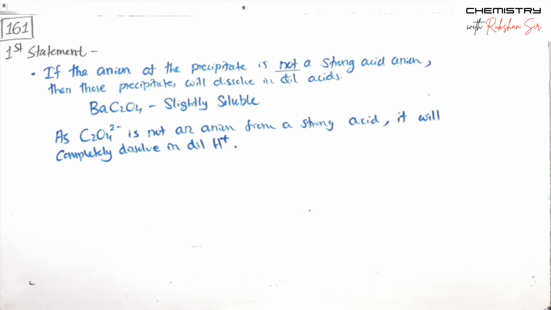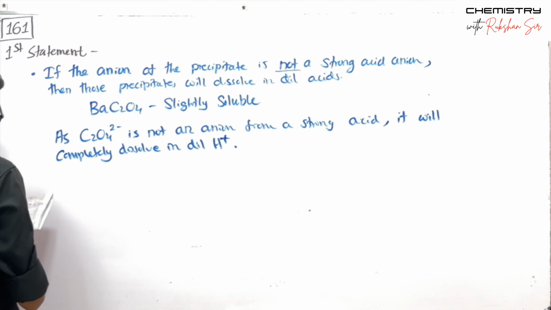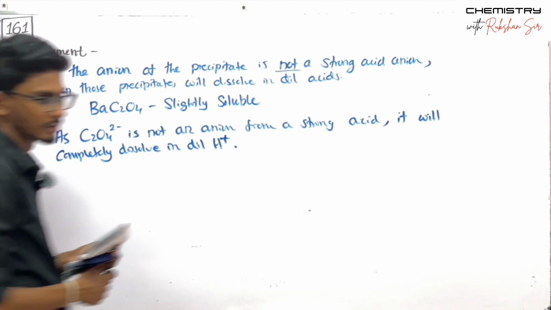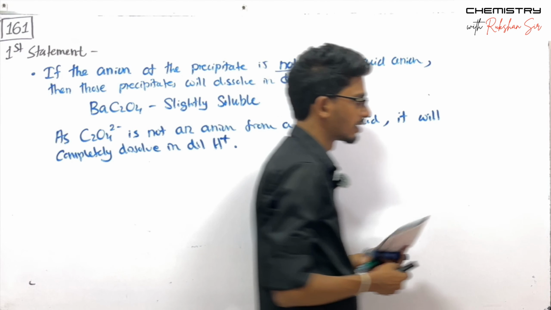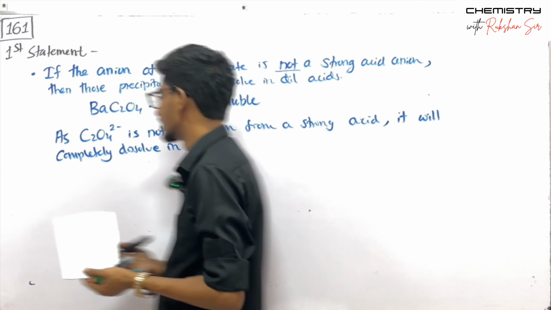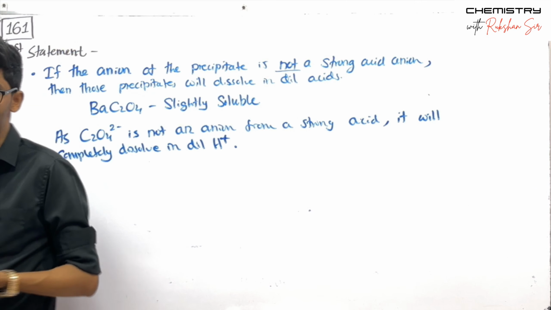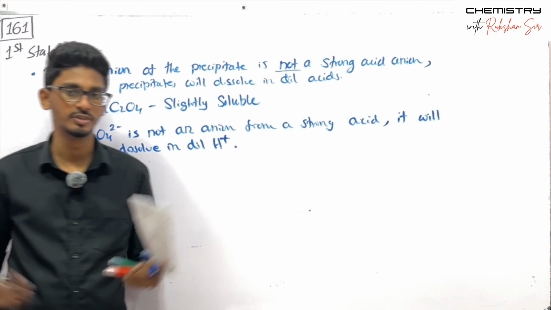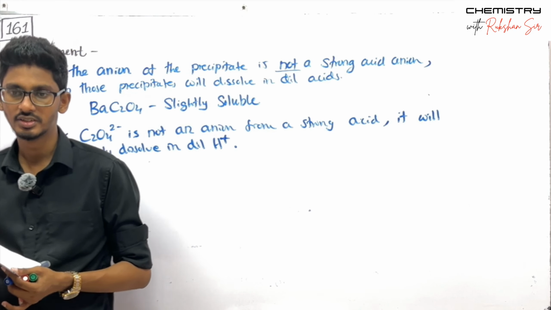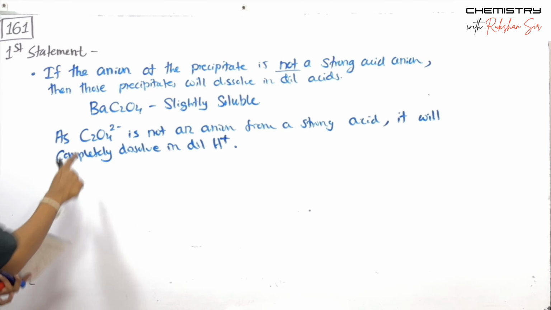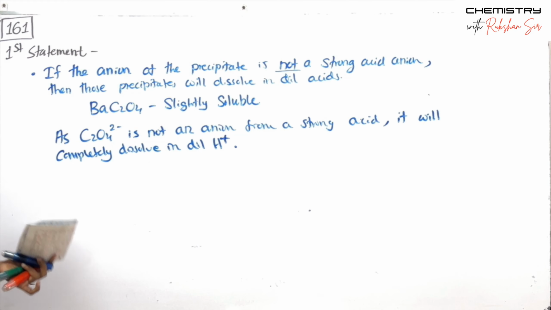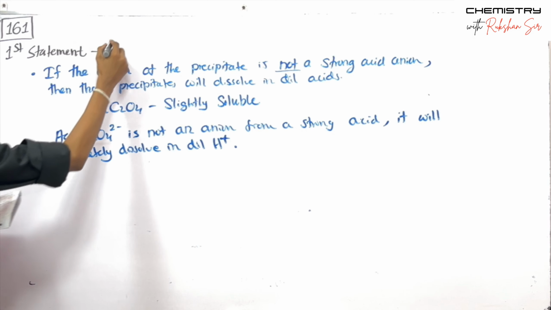So that is the idea. So barium oxalate solid is soluble in dilute HNO3. They are saying the solid, so that means they may have come up with a very great concentration of Ba2+ and C2O4 2-, so that we can think of a solid formation. Anyway, the solid will dissolve in dilute acids, as the anion is not considered as an anion coming from a strong acid. So the statement is true.